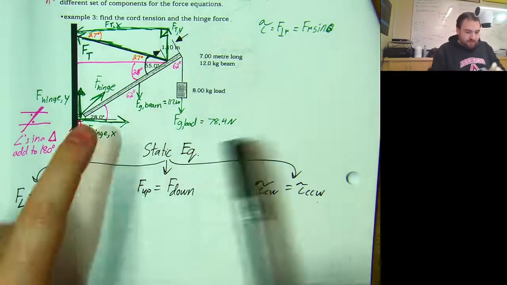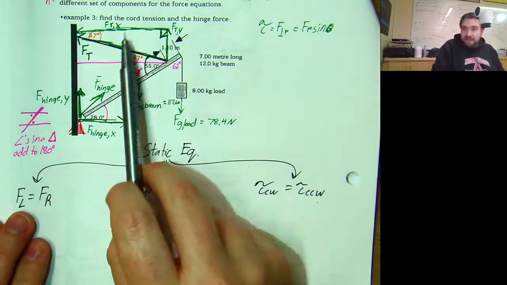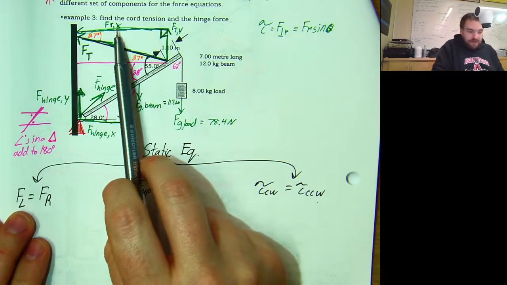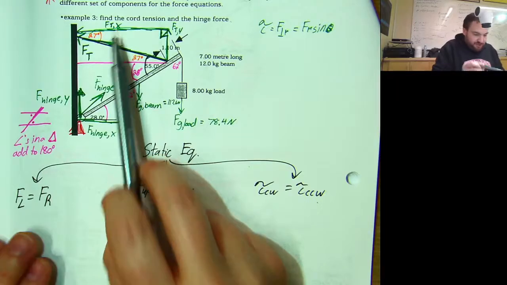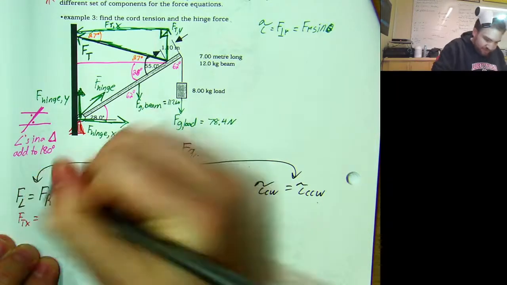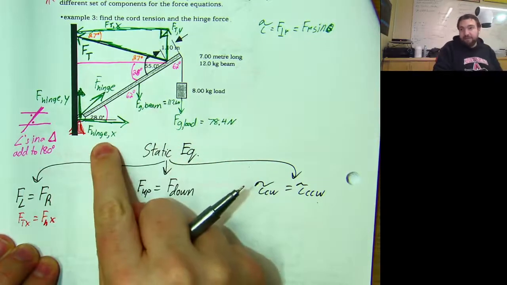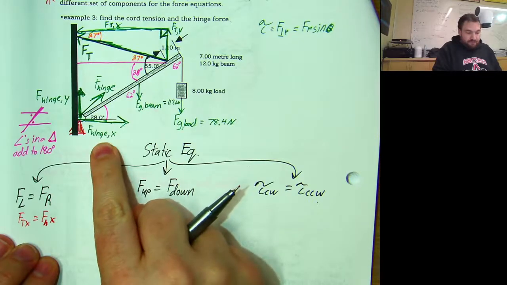So let's do the forces left to right, up and down first. My forces left equal my forces right. My leftward force is just my horizontal component of tension. So I'm going to have FTX equals force of hinge X. That's my only force acting to the right.